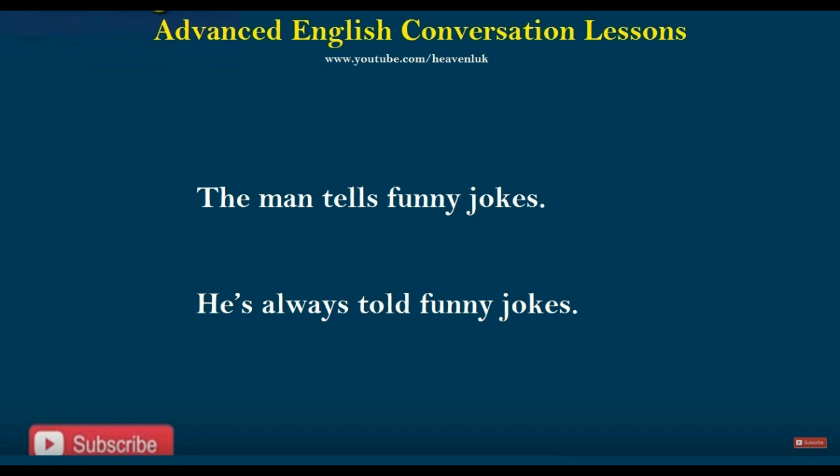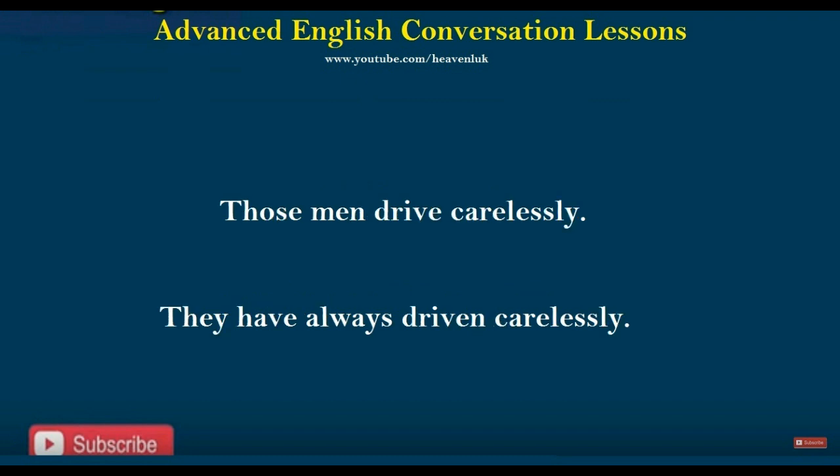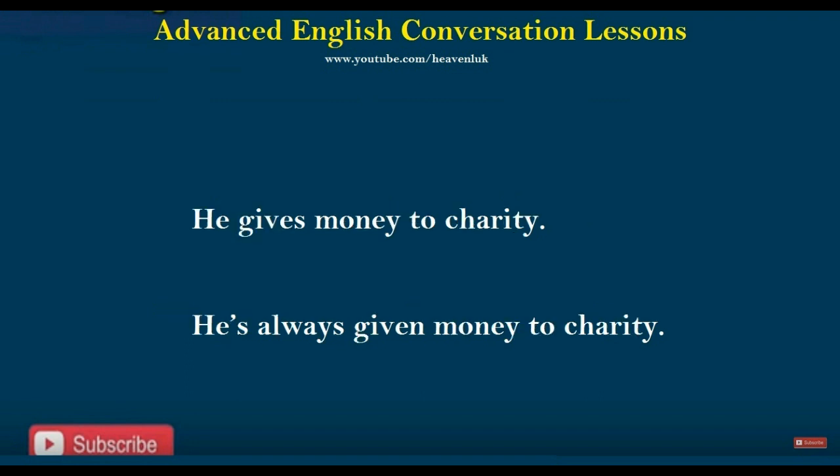The man tells funny jokes. He has always told funny jokes. Those men drive carelessly. They have always driven carelessly. He gives money to charity. He has always given money to charity.